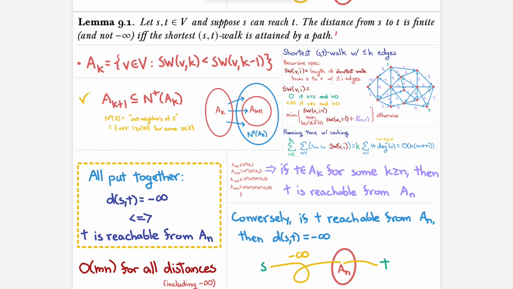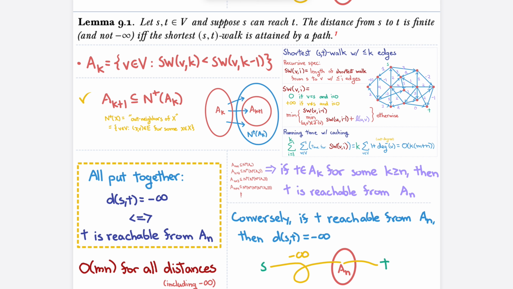From there I run depth first search to figure out everyone that any of them could reach, and those will also be negative infinity. In fact, those will be all of the negative infinity. That's the subtle part of the argument. So I just have to go up to A sub n, and I get some clearly messed up vertices. Then from there, I figure out everyone else they can reach, and now I have all the messed up vertices.